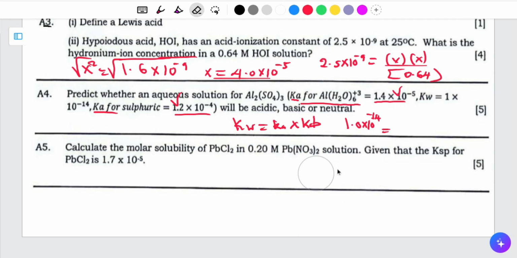So I'm going to use now the Ka for this one. So Kw we know to say is 1.0 multiplied by 10 to the power negative 14, which is going to be equal to Ka. I'm going to use this one, then multiply by Kb.